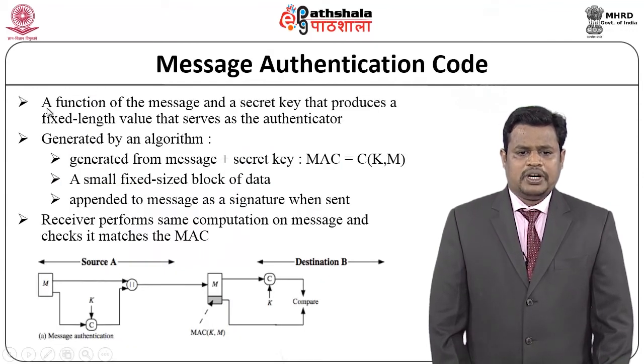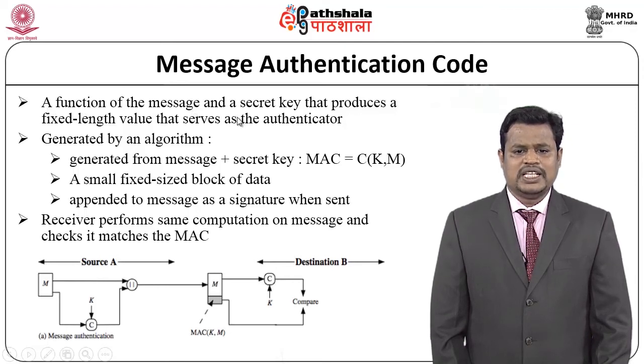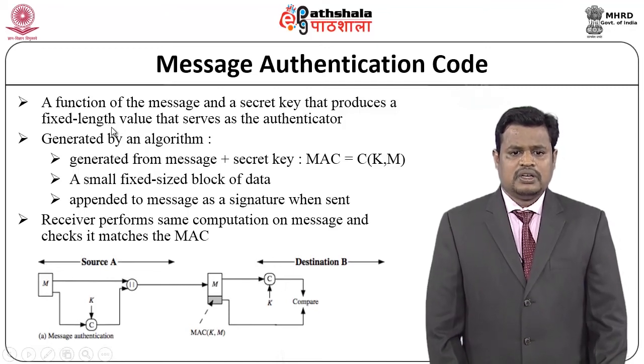So now we can see that a message authentication code is a function of a message and a secret key that produces a fixed length value that serves as the authenticator. Again, it is a fixed length value, generated from a variable length message, like your message digest.